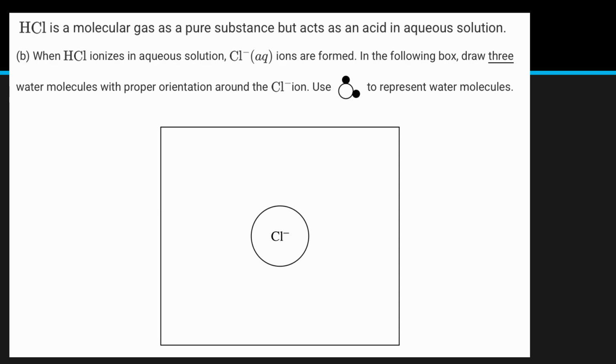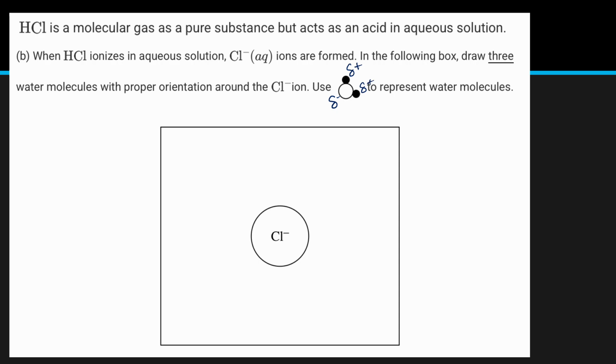So water molecules are polar, which means they have a partial positive and a partial negative end. The larger open circle is going to represent the oxygen, while the two small closed circles are going to represent the hydrogen. Now, when we're looking at the periodic table, we know that oxygen is much more electronegative than hydrogen is. So oxygen is going to have our partial negative charge, while hydrogen is going to have our partial positive charge.